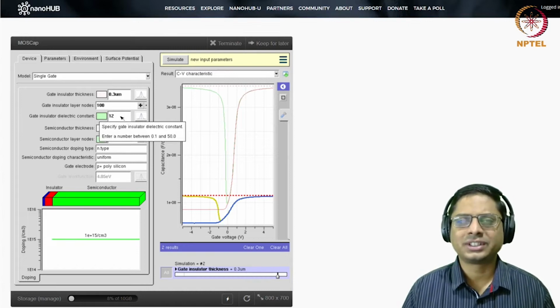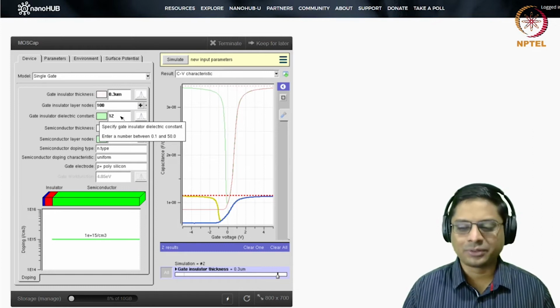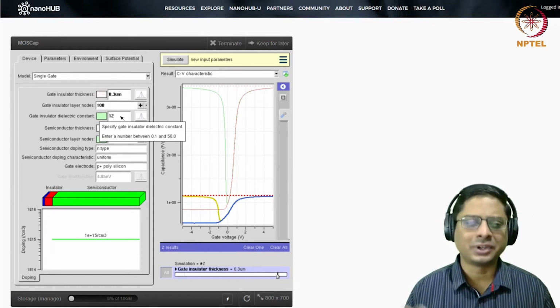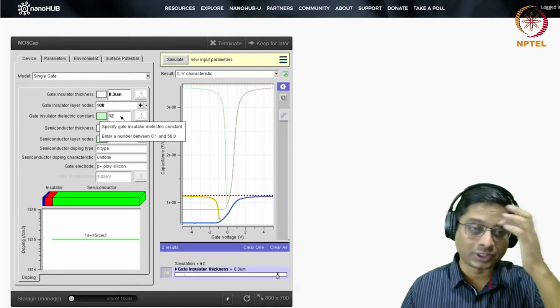And silicon dioxide was 3.9. How are we able to capture all the material properties with a single number? Well, for that you have to actually do the studies of polarization and things like that. Effectively, it turns out you can capture the electric response by just one number here, the dielectric constant, especially when magnetic response is not important.